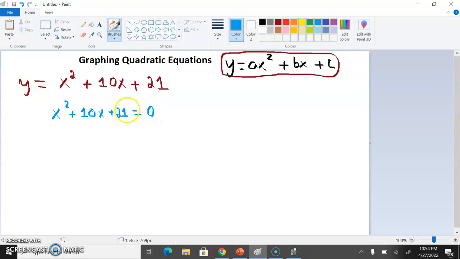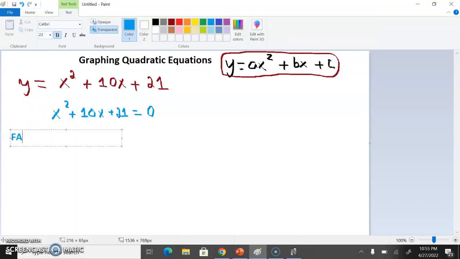So we solve by setting the equation equal to 0, which means we're trying to solve for x, so we're finding the zeros. The question right now is, what are the x-intercepts for this equation by setting y equal to 0? Once we set it equal to 0, we'll look at it to see if we can factor it.